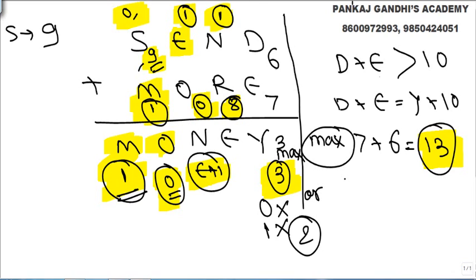But if E is 7, N will become E plus 1, 7 plus 1, N will become 8. Problem is, R is already 8, N cannot be 8. So that's why my assumption goes wrong. This assumption of 7, 6 goes wrong. But it can be.